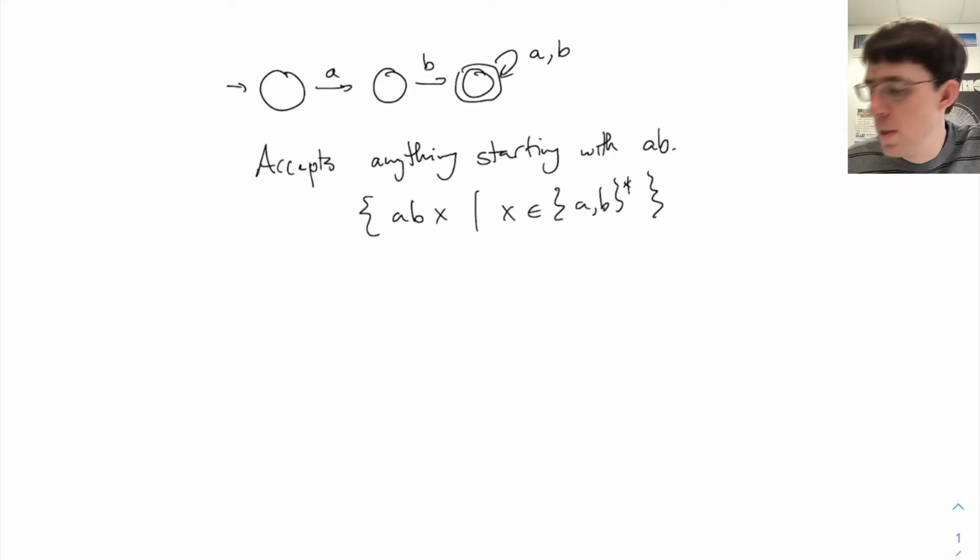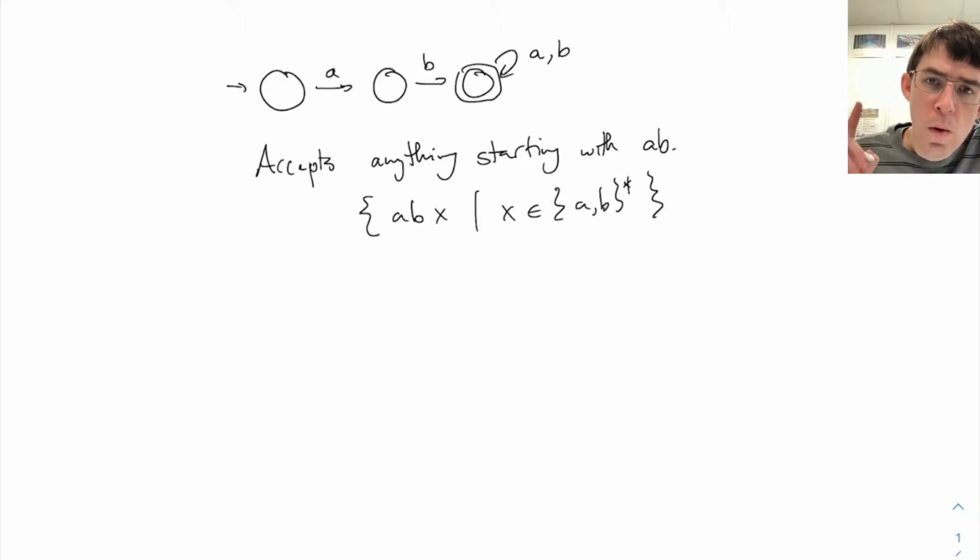Anything starting with AB. Like we said last time, NFAs often are easier than DFAs to make. Like if you want a DFA for this, it would have to be a little bit more complicated. Not super complicated, but I'm not sure you can do it in 3 states. NFA often you can do like in a more compact way than a DFA for the same thing.